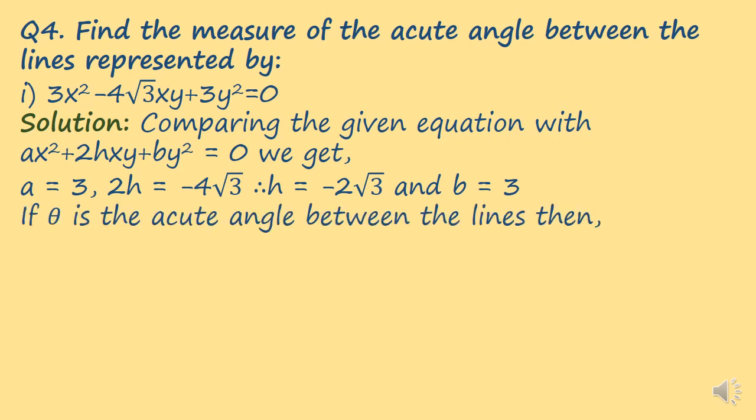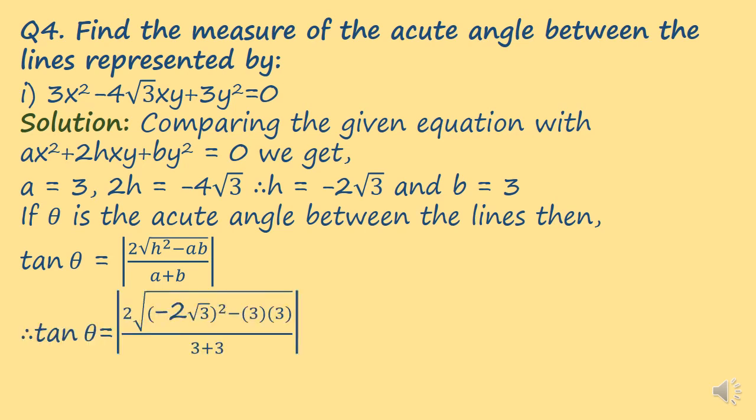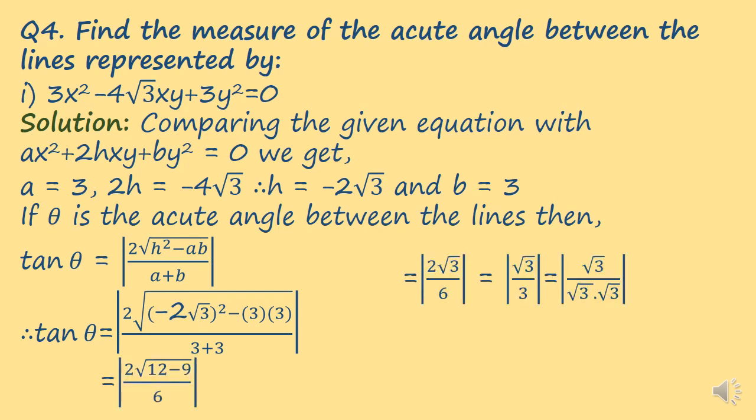Now suppose theta is the angle between the lines. Then by the formula which we studied just now, we have tan theta is equal to 2 root of h square minus ab upon a plus b in the mod sign. And therefore, we substitute all the values over here. And thus we get this particular value. And from here, we get this value. That is 1 upon root 3.